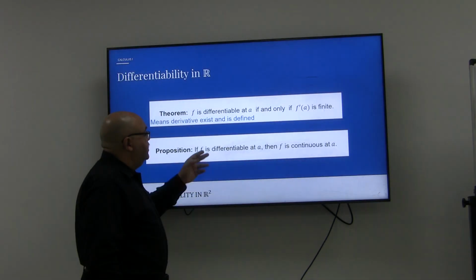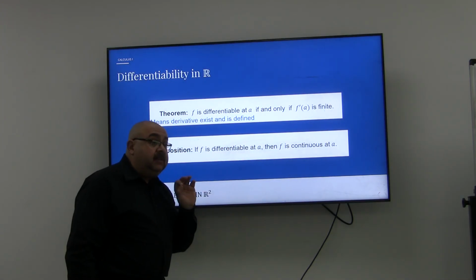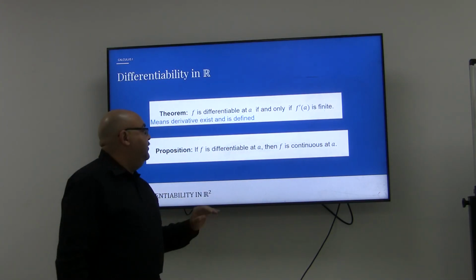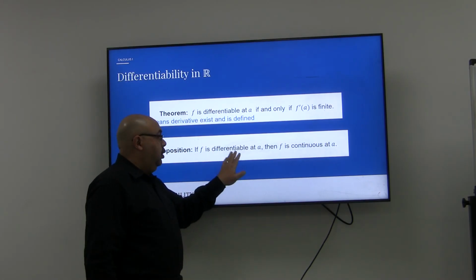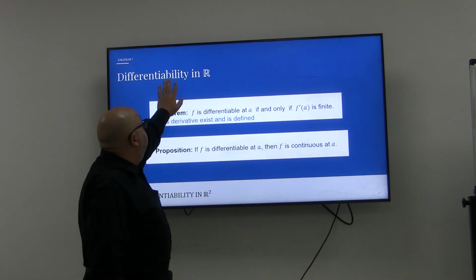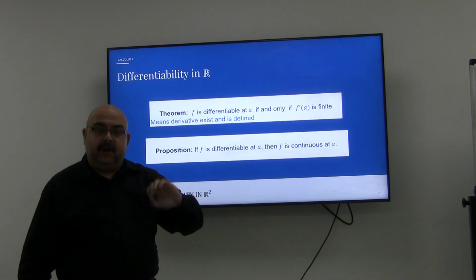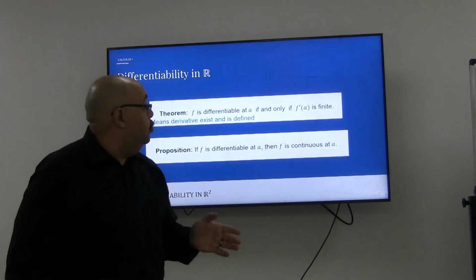If f is differentiable at a, then f is continuous at a. But the converse of this statement is not true. So once more, if f is differentiable, then f is continuous at this point, and this applies for functions mapping elements from R into R.